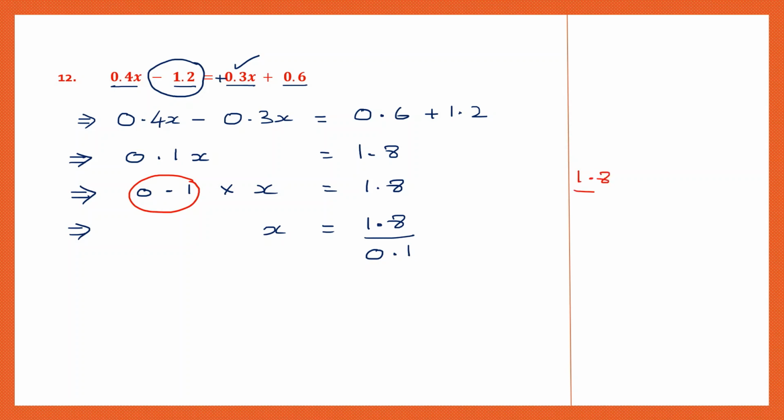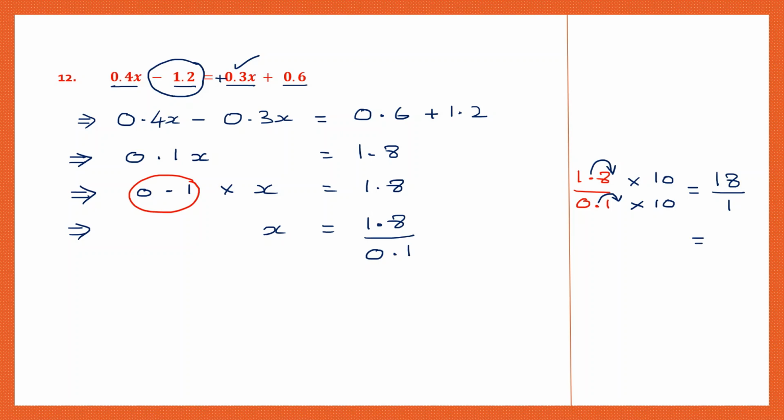Now we have to change the divisor, that means the denominator, into a whole number. 0.1 should become 1, and that can happen only if the point moves one place away, isn't it? And for that to happen, we have to multiply it by 10. So multiply both numerator and denominator by 10. So here when you multiply by 10, the point moves one place to the right. So 1.8 now becomes 18 and 0.1 now becomes 1.